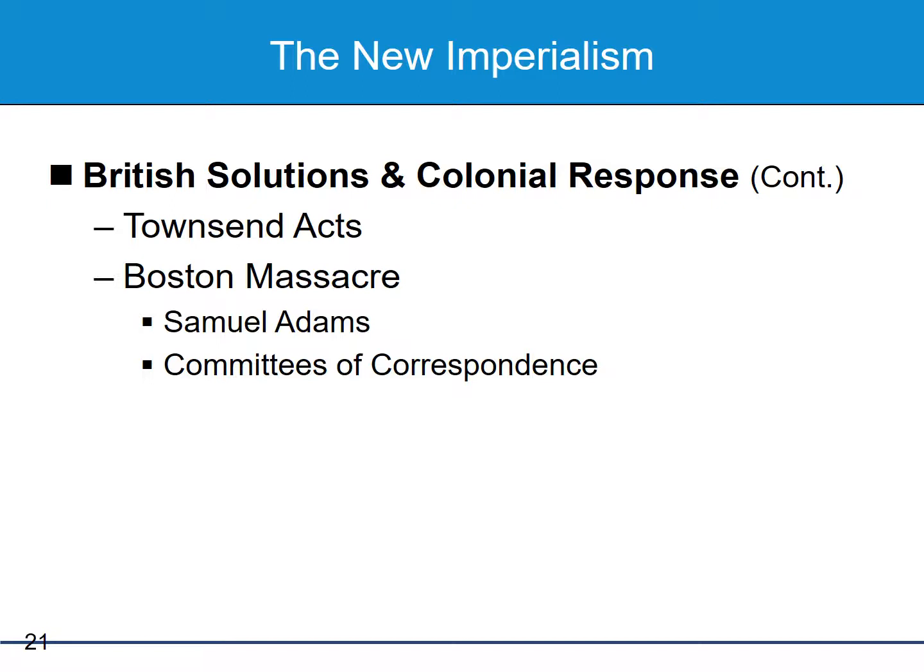And so they send more troops to Boston, because that's an area where a lot of smuggling occurred, to keep the colonists from smuggling in mostly tea that they wouldn't be paying taxes on.